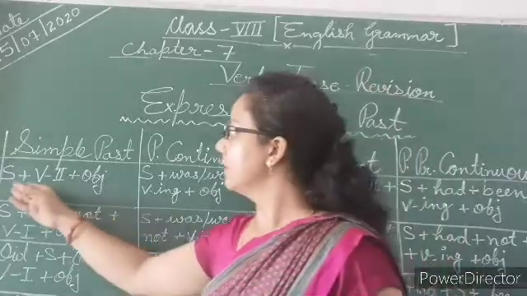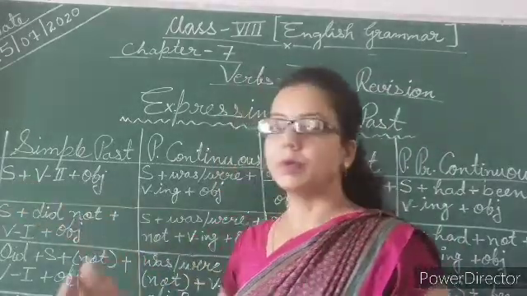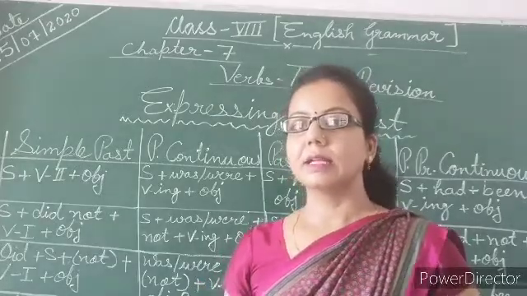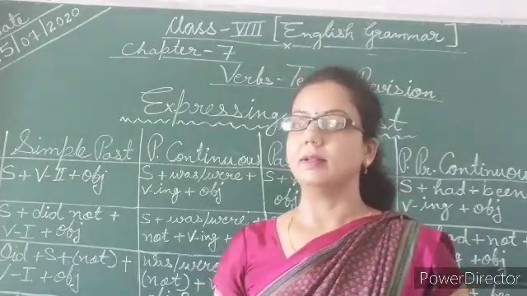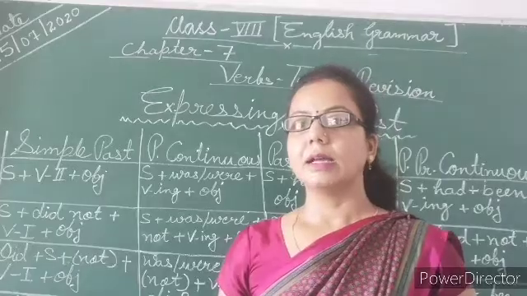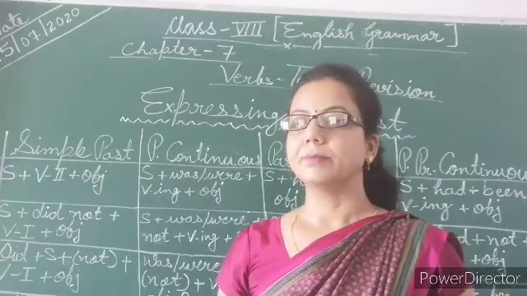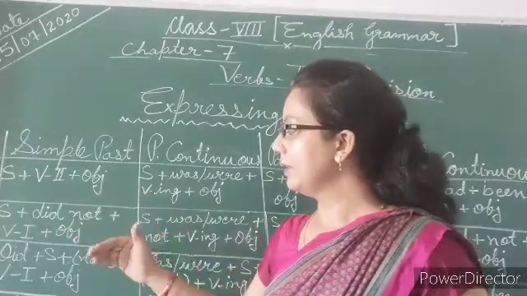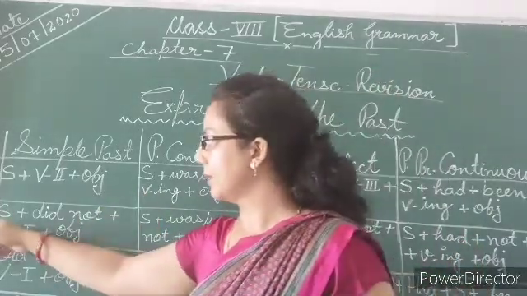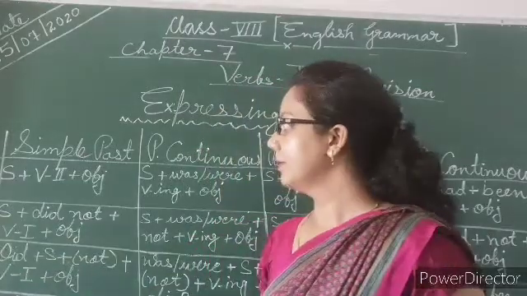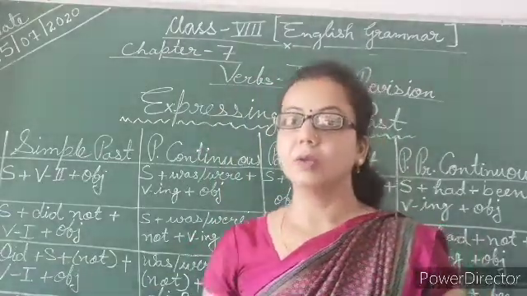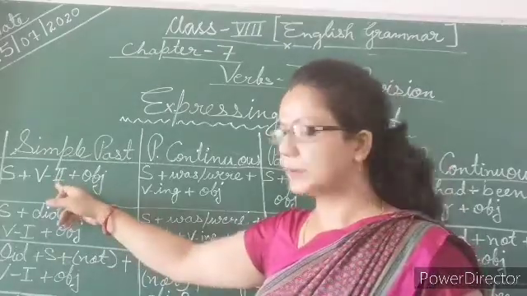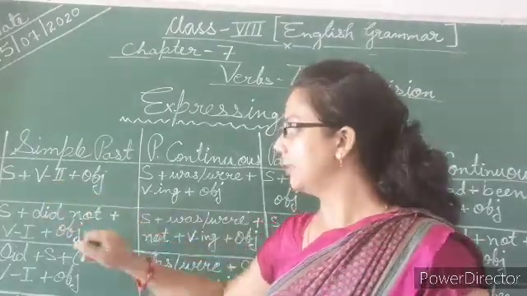This is very simple: subject plus verb's second form plus object. Like, I wrote a letter, I ate an apple. In the same way, for negative, just add the word not with the word did and change the verb's form from second to first.